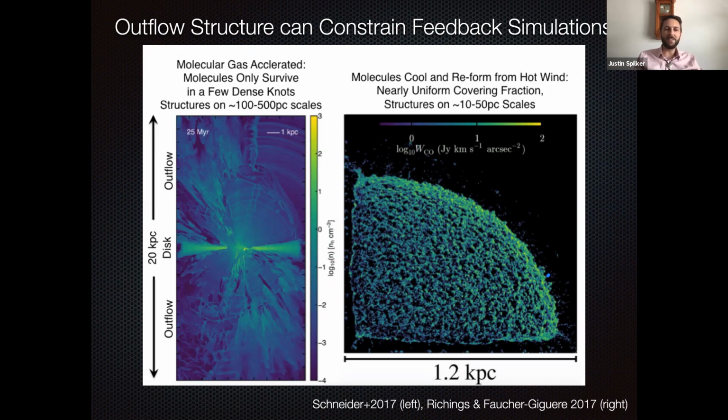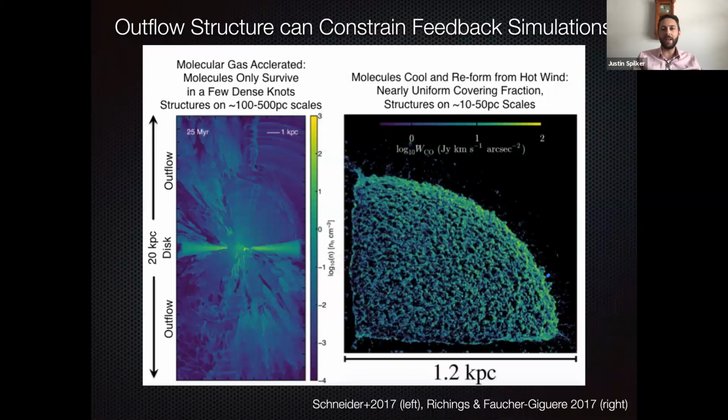And the reason for that is basically that if you try to push on a cold cloud with a hot wind that you might expect is coming from supernovae or from an AGN accretion disk, you very quickly find that most of the cold molecular gas is shredded. You try to push on these cold clouds, and you just can't because the hot wind shreds them apart through hydrodynamical instabilities.